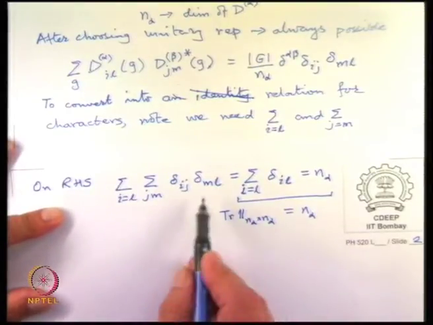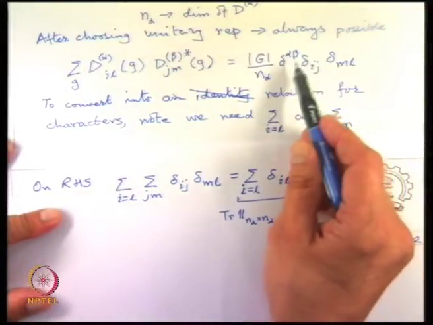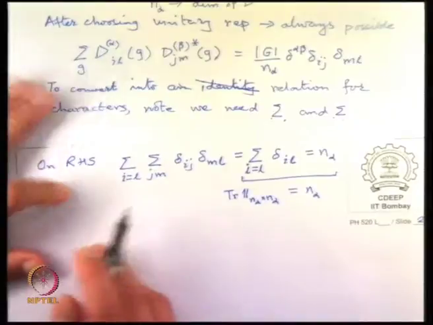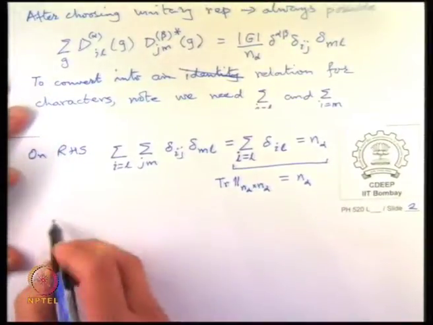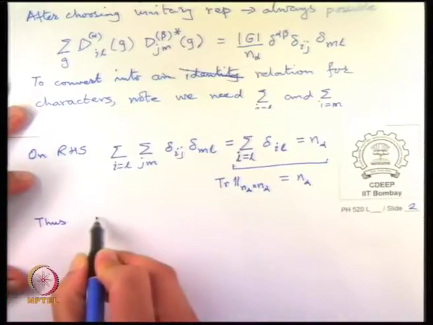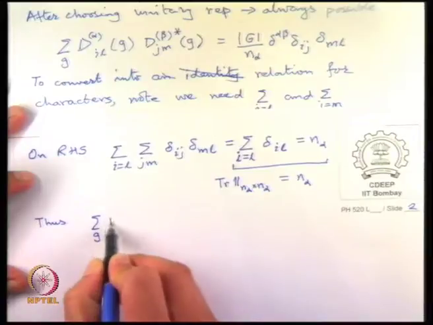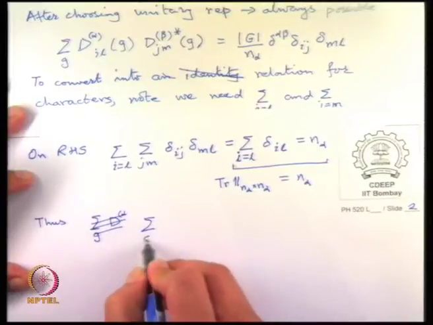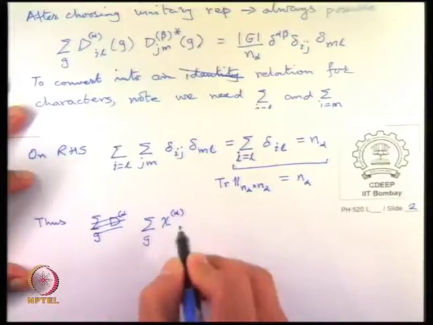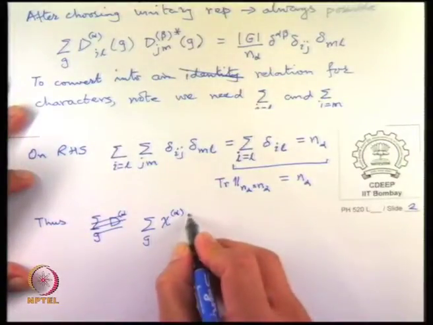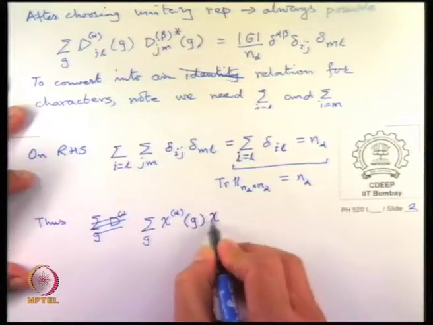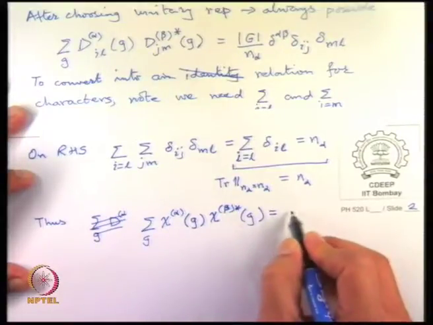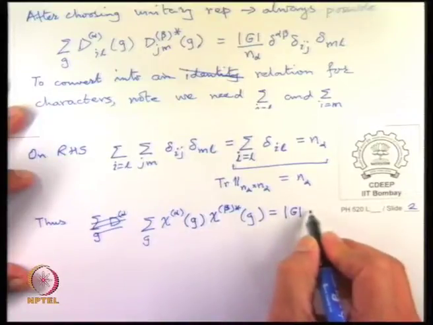If we now carry it here, this summation has given us n alpha, so it will just cancel this n alpha, and we get a much prettier looking relationship which simply says: sum over all group elements G of chi alpha of G, where by chi we mean the character for the representation alpha of element G, times chi beta star of G. This is simply equal to the order of G times delta alpha beta.